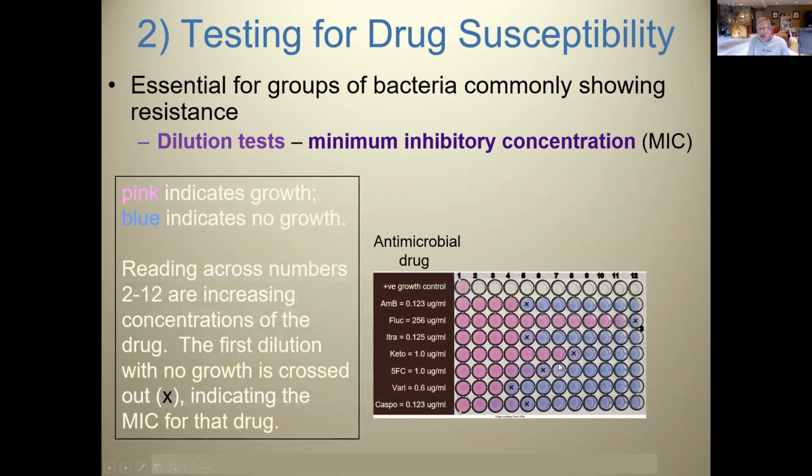That's 96, I think, right? 12 times 8. 96 of these little wells to which we've added a certain concentration of, let's again just say E. coli. And then what has actually already been pre-added before we even added the E. coli is several different kinds of antibiotics.